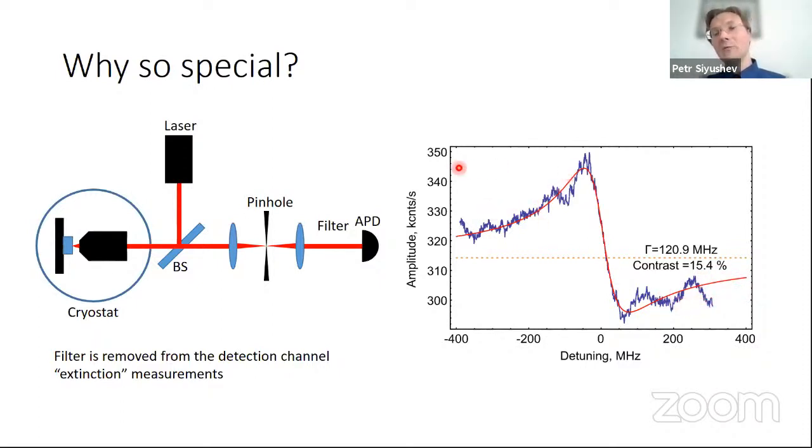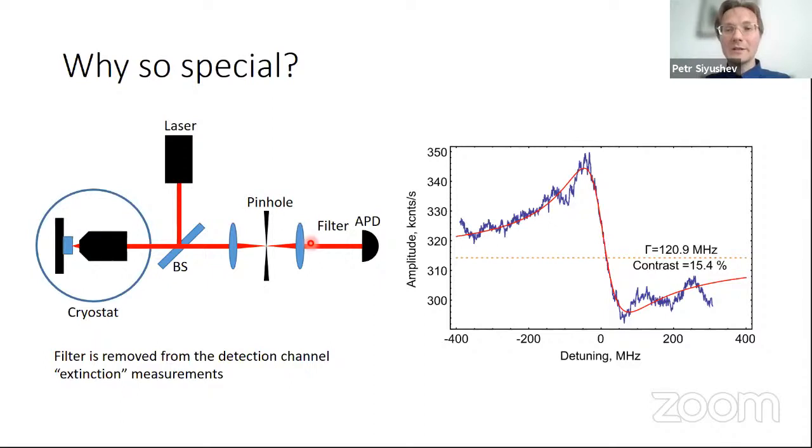And what I wanted to say here is that you see that the contrast of this extinction is 15%. So it means that the light which was scattered by the defect is very efficient, so that it can interfere with a lot of laser photons coming back to your detection system.